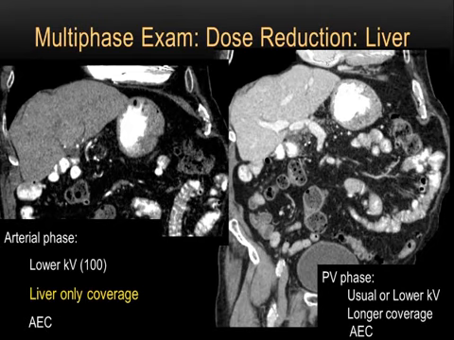Right, because you're just interested in picking up iodine-enhancing lesions. So lower contrast, lower kV actually helps you improve the detection, cut the dose down even more, and then you can also see more lesions here. And again, you have to use automatic exposure control technique in almost all of your abdominal CT examinations.